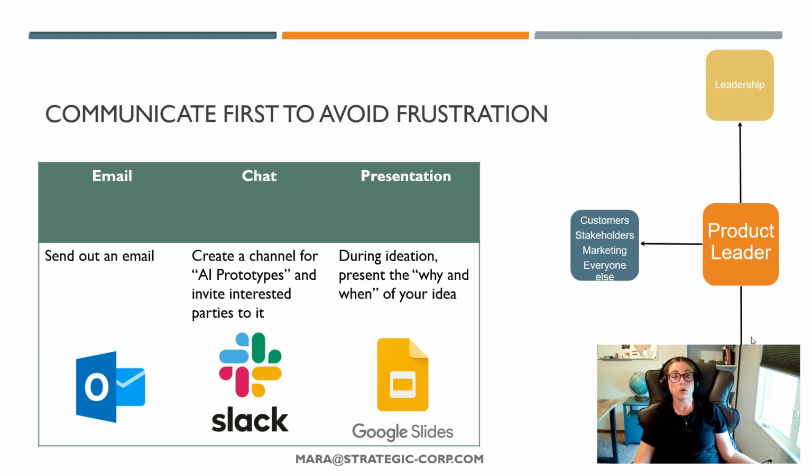Now, with AI prototypes, my recommendation is to, at the very minimum, communicate to leadership above you and communicate to your design and engineering team that you are working on this. If you are a designer or an engineer, communicate out to your coworkers that you are working on this so that no one is shocked when you come up with a new prototype that is not production ready. Because your AI prototype is awesome, it is amazing, but it is generally not production ready on the first iteration.